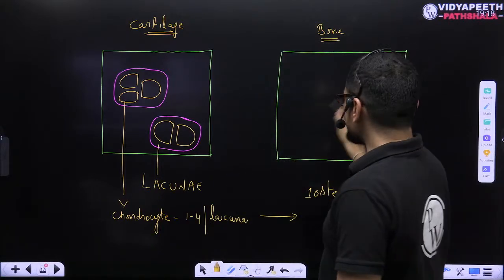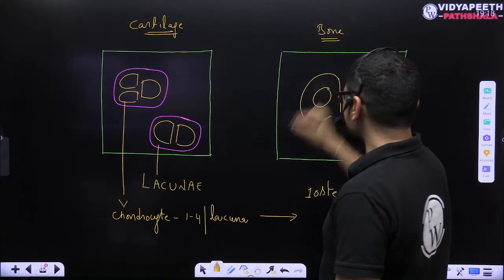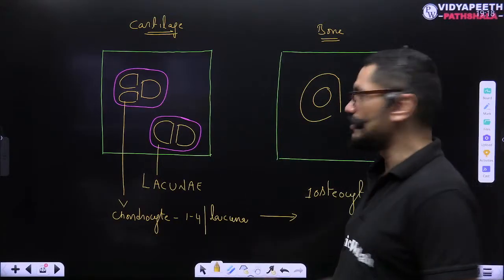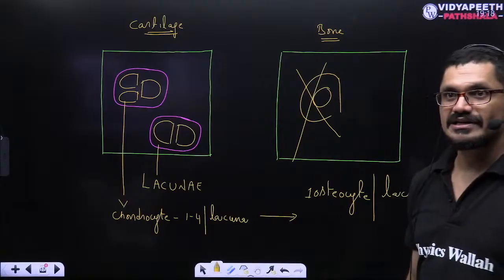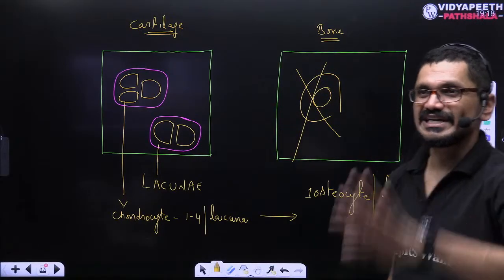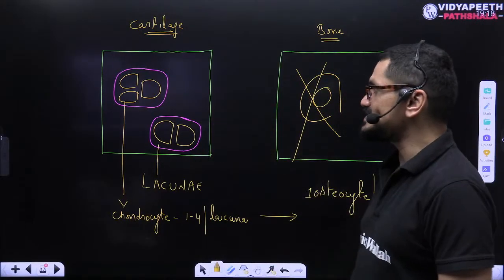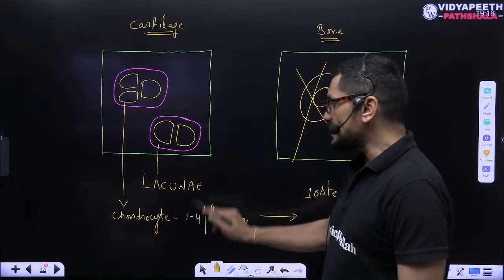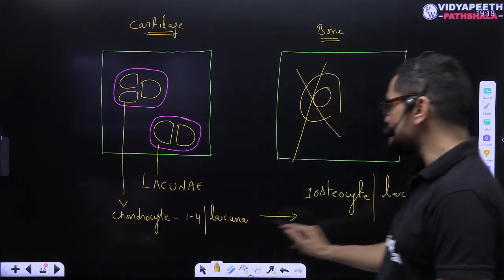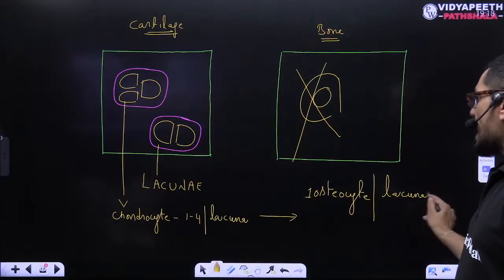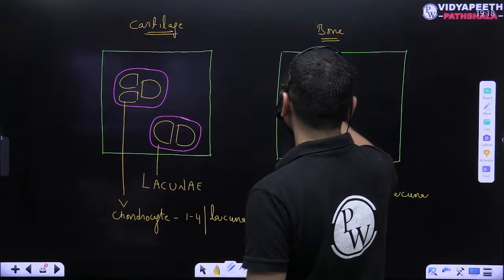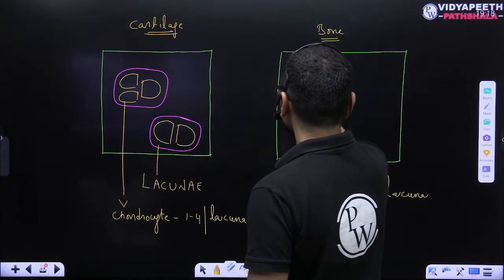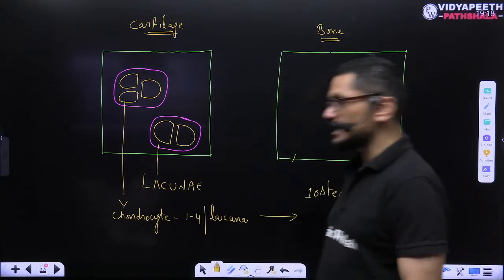Put an empty space like this and draw one cell, the diagram will be finished. No, it is not like that. I will represent the diagram. It takes some time, but just see this. Lacuna contains 1 to 4 chondrocytes here, but here the lacuna inside the bone contains only one osteocyte. Okay, clear?